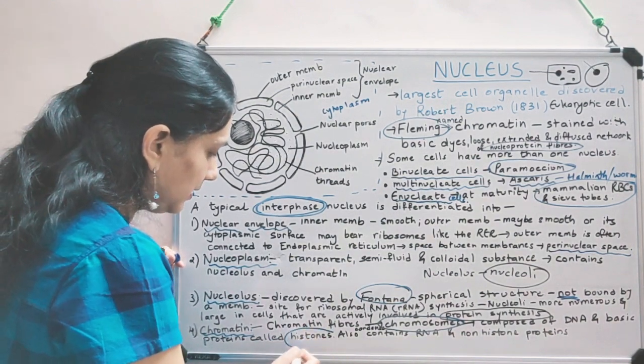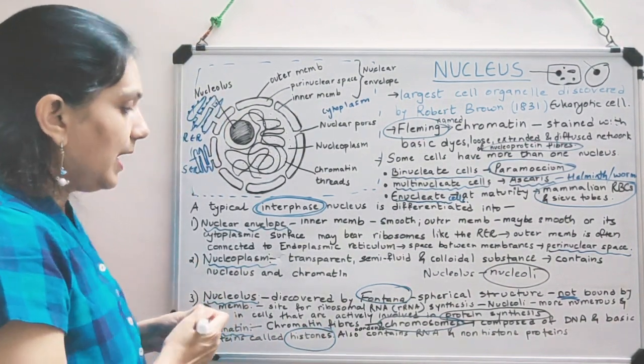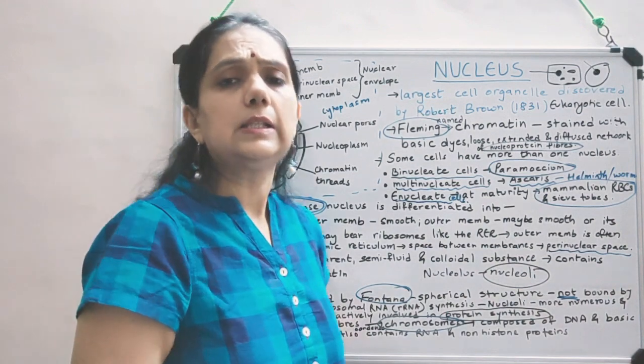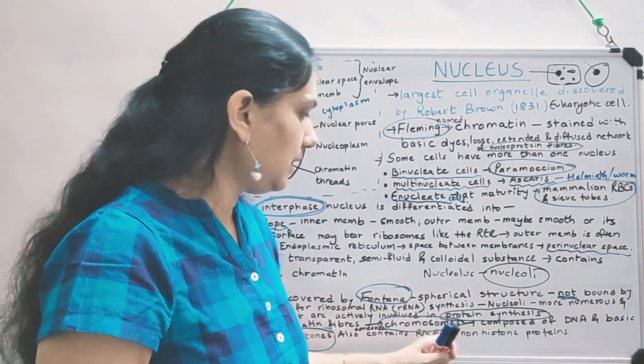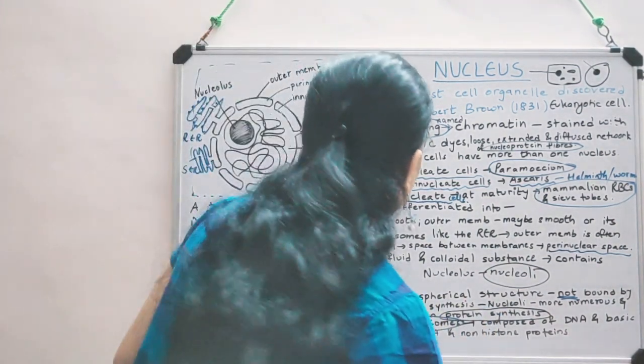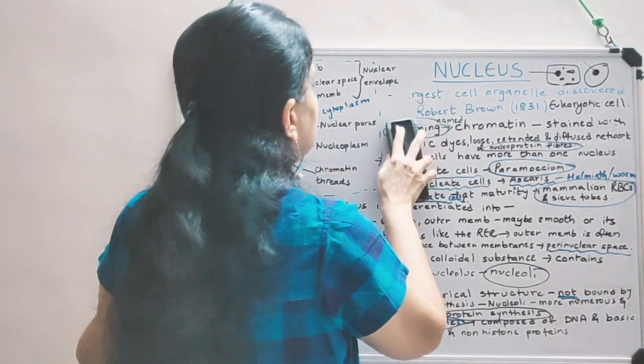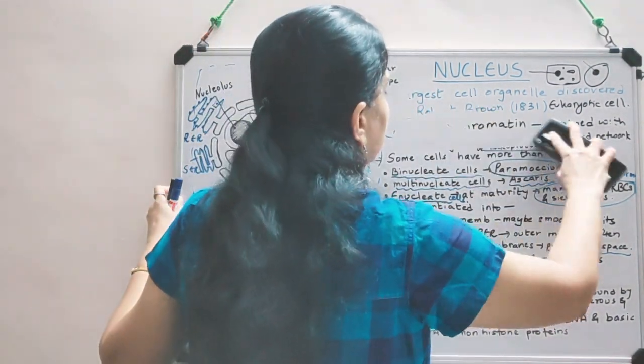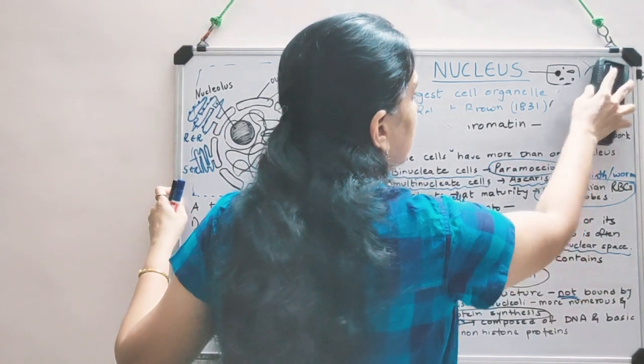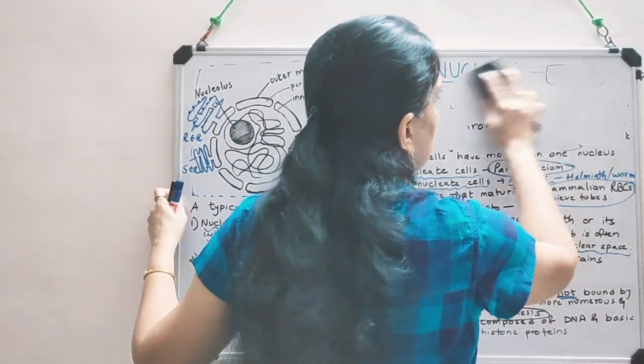They also contain some amount of RNA and non-histone proteins. I will once again revise the chromatin with you, and then we take up the types of chromosomes.